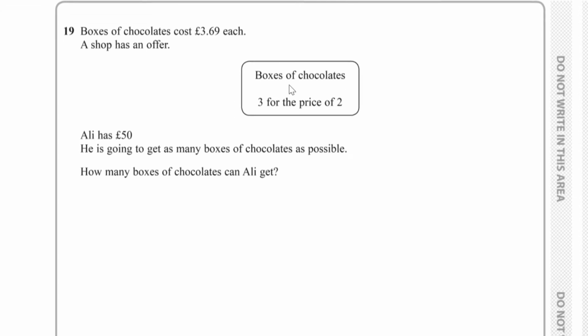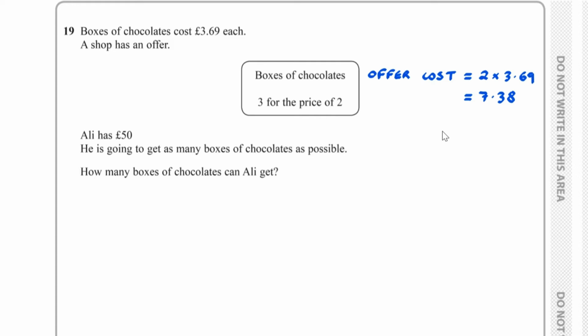So, first of all, if we get 3 for the price of 2, that means that the offer cost is equal to 2 times £3.69, which is £7.38. So we get 3 boxes for £7.38.